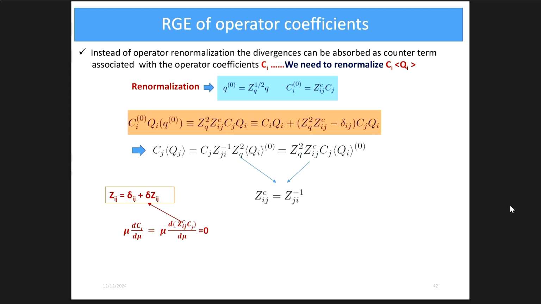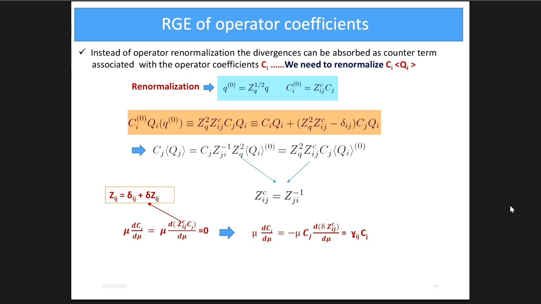Okay, and Z_ij you can simply split like this, delta_ij and delta Z_ij. Delta_ij, because this is necessary, the first term will give you the actual coefficient and that will give you the corrected term or the counter term associated with the coefficient. Okay, so if you substitute it here, then this equation can be written like this. Okay, so mu dC_i by d mu minus mu this quantity, and this is what is gamma_ij C_j. So gamma_ij is what we have written down earlier as the anomalous dimension matrix.